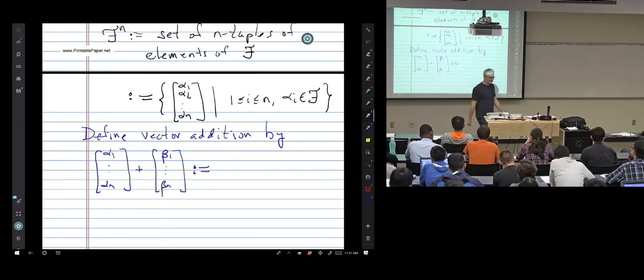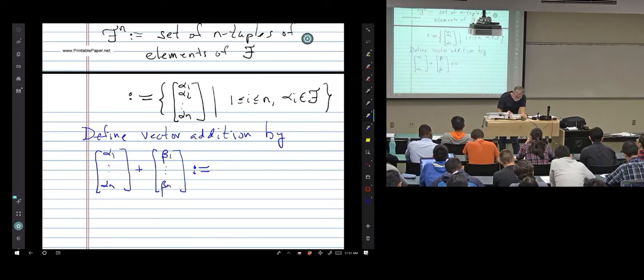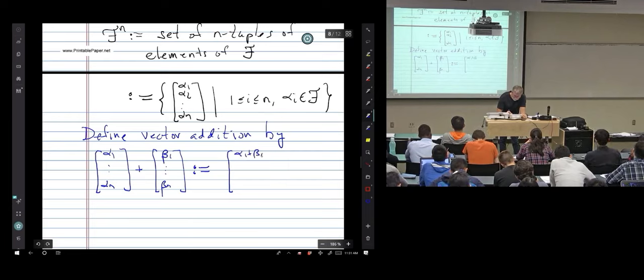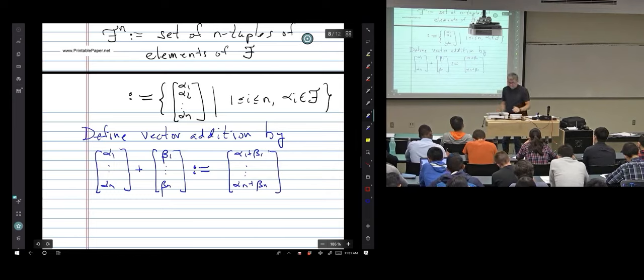Element-wise. Yeah. So it's alpha 1 plus beta 1, dot dot dot, alpha n plus beta n.